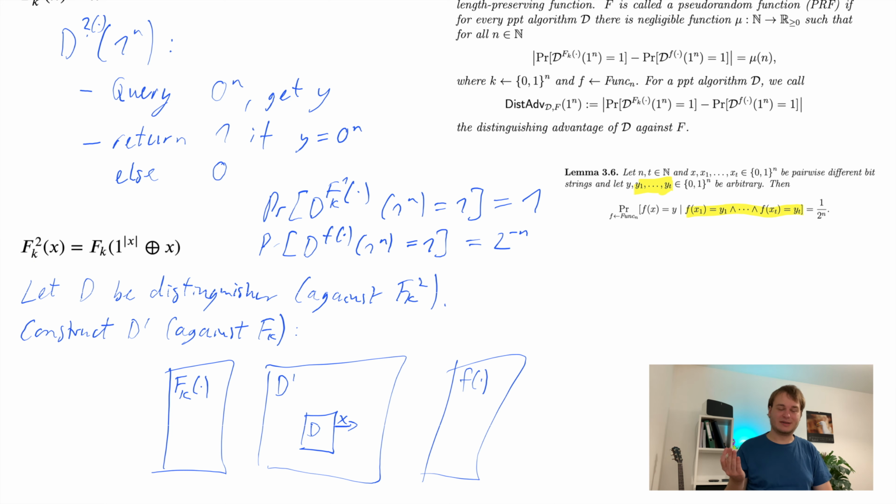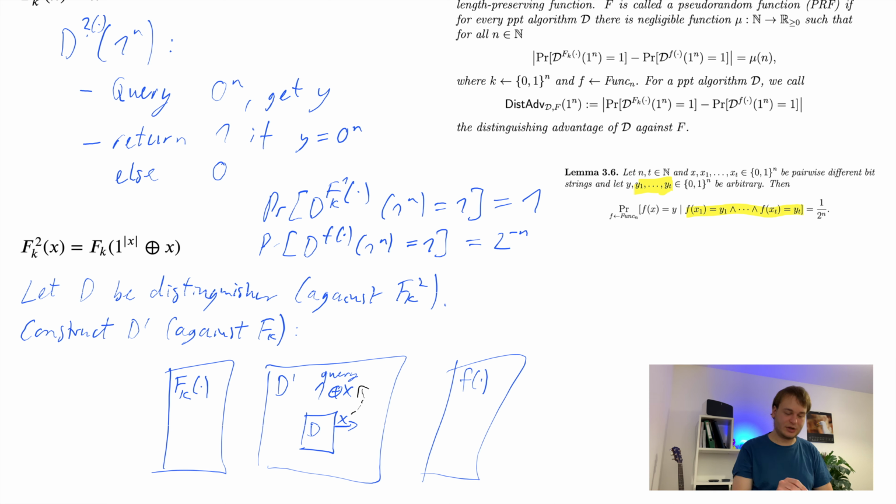So how does D prime answer the query of D? If D asks for the function value of x, then what will D prime do? It will basically flip all of the bits in x, and then ask this as a query to its oracle.